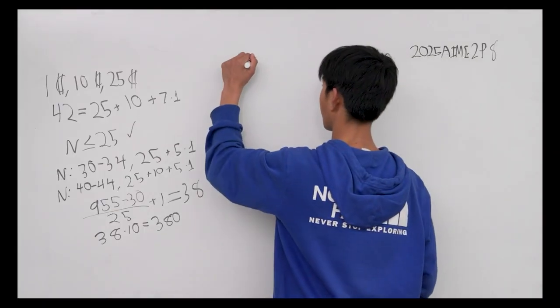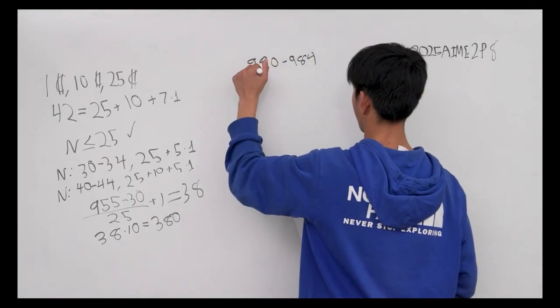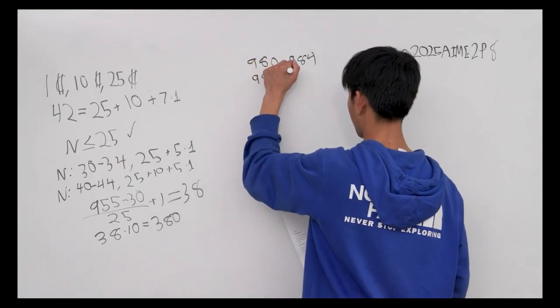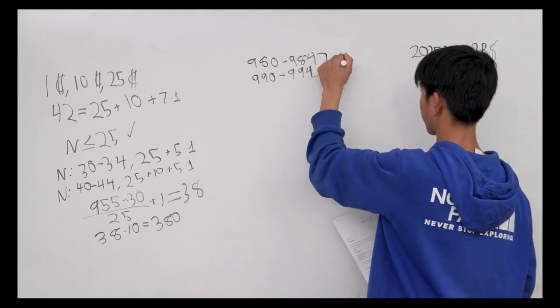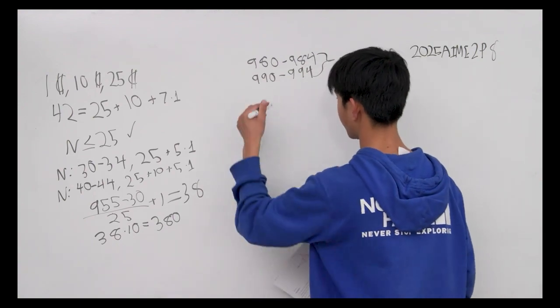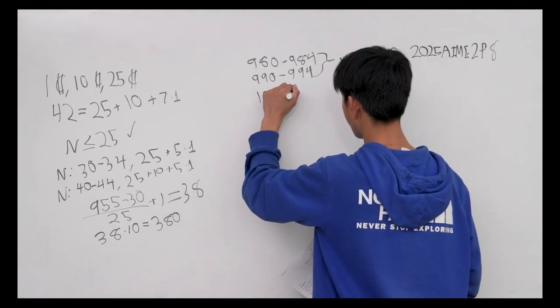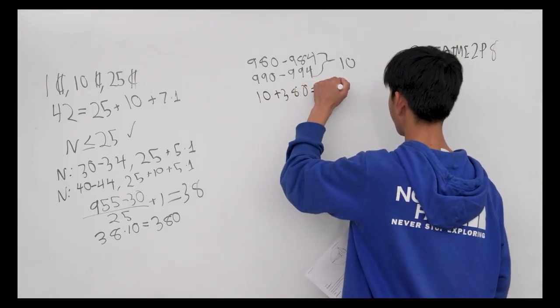So we have 980 to 984, and 990 to 994. These both grant us 5 each, so we have 10 here that don't work. So we should add the 10 to the 380. So 10 plus 380 gives us the total number of numbers that don't work, or 390.